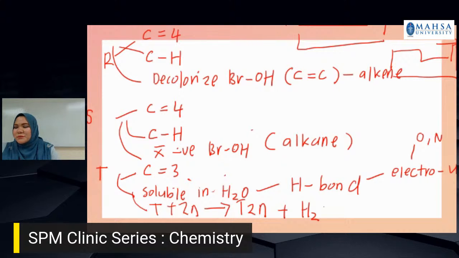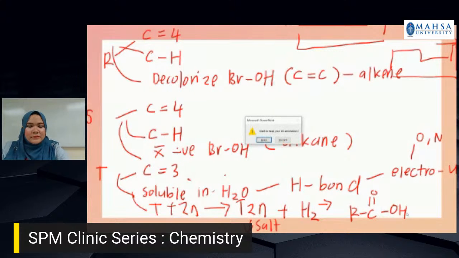So H2 gas means that a carboxylic acid reacts with zinc, or with metal, and it will form a salt. Then after that, it will produce your RC double bond OH.